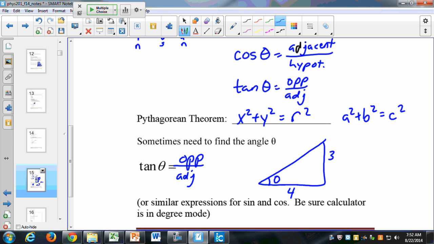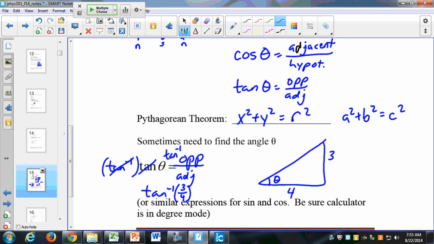If I want to know this angle theta, y'all try calculating what is that angle theta? To do so, you'll do the inverse tangent. So you take the inverse tan of this side, that gets rid of that tangent, and then you also take the inverse tangent of this side. So in your calculator, you will put in inverse tan of opposite, which is 3, over adjacent, which is 4.